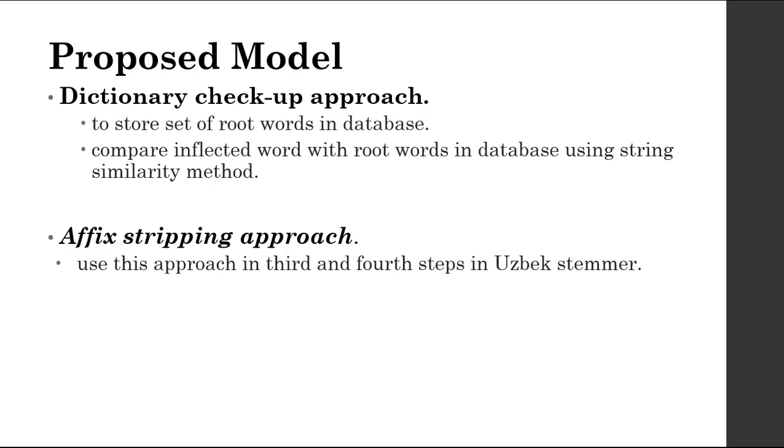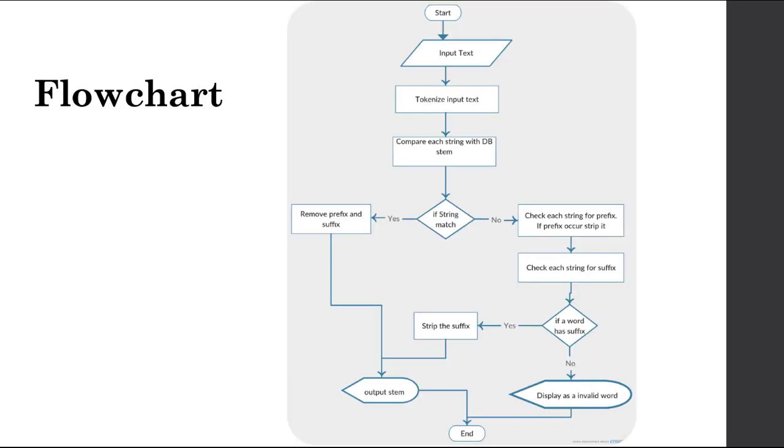So let's see the flowchart of the Uzbek stemmer. The flowchart starts with getting the input from the user. After the user enters the input, the Uzbek stemmer will tokenize the input text, and the next step is the first approach, which is comparing each input word with a database stem.